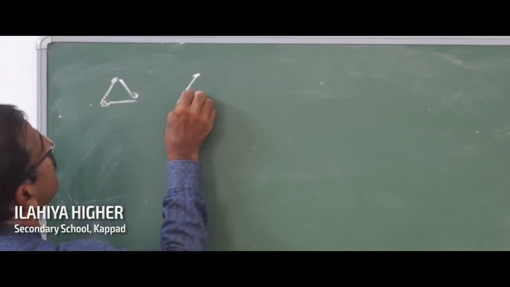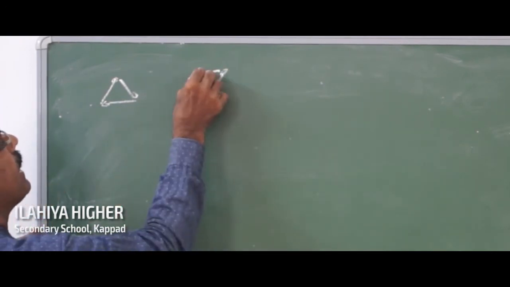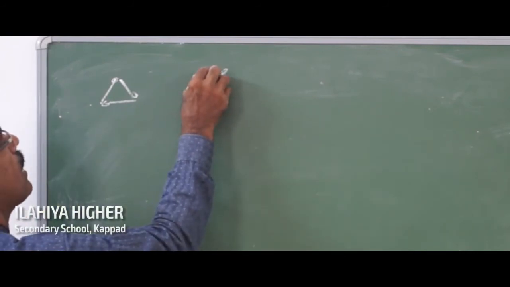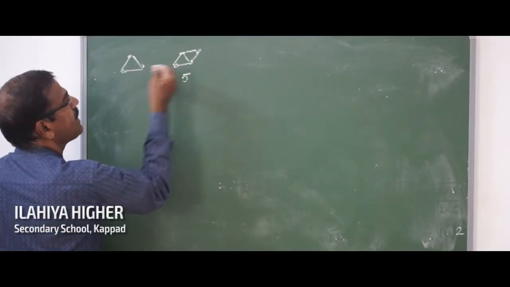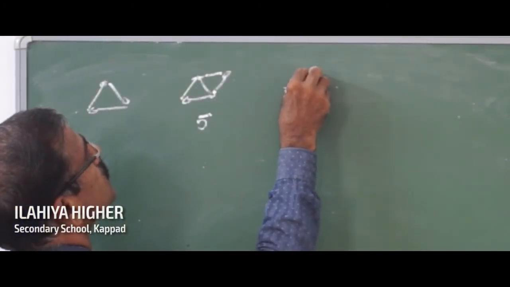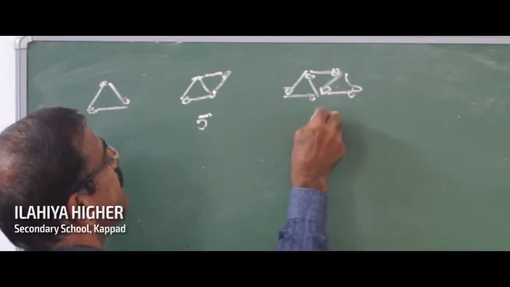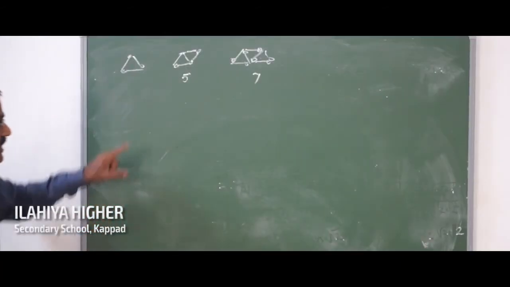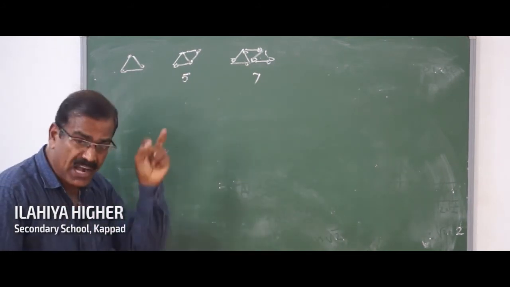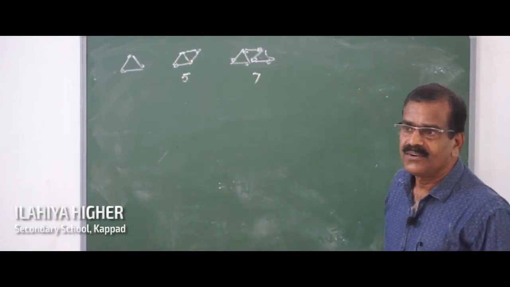Then the second one, 2 triangles, is formed using how many? 5 matchsticks. Then 1, 2, 3, 4, 5, 6, 7 matchsticks are used to make the third figure. So here only matchsticks are used to make these figures.